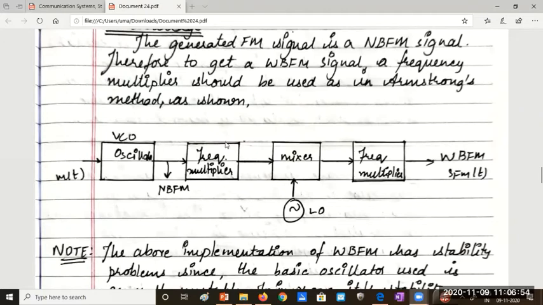There are three things which will actually be multiplied. One is the carrier frequency. The second is the frequency deviation delta F. And the third one is the modulation index beta. So three different factors get multiplied with the multiplier integer here.